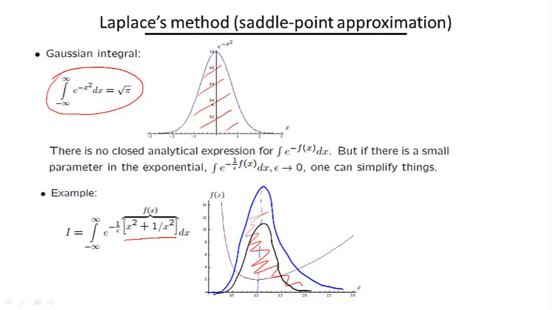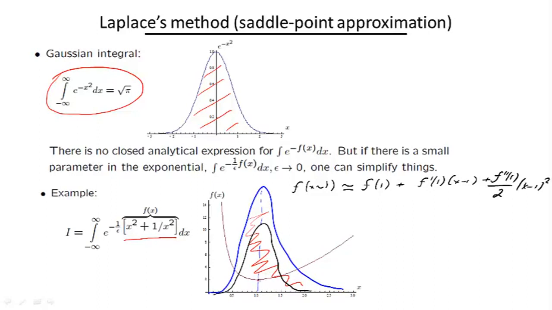The reason for that is because if I expand my function f of x in a Taylor series in the vicinity of this point, x equals 1, what I'm going to get is the first term, which is just the value of my function at x equals 1, plus f prime at x equals 1 times (x minus 1), plus f double prime divided by 2 times (x minus 1) squared.